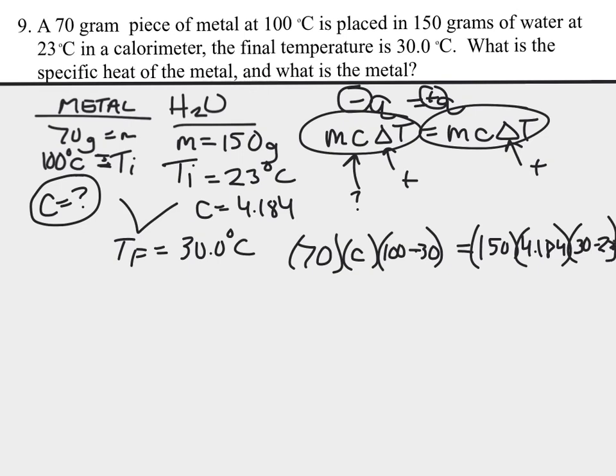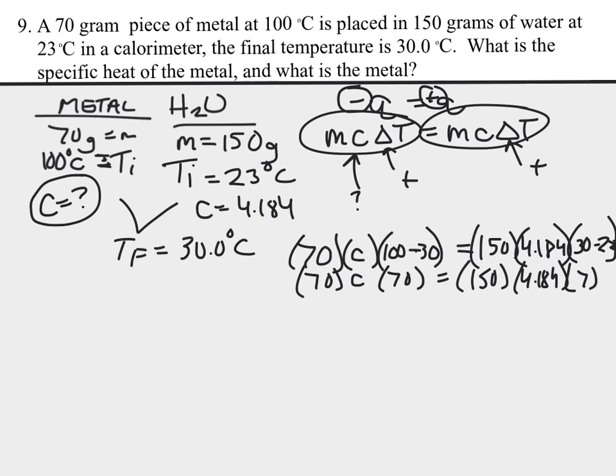And that's a 3 there. Sorry about that at the end. All right, let's do our math. 100 minus 30 is 70. And 30 minus 23 is 7, times 4.184 times 150.